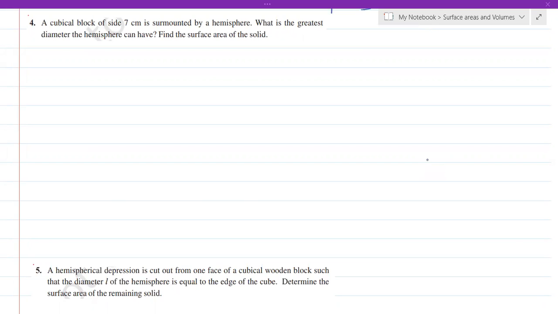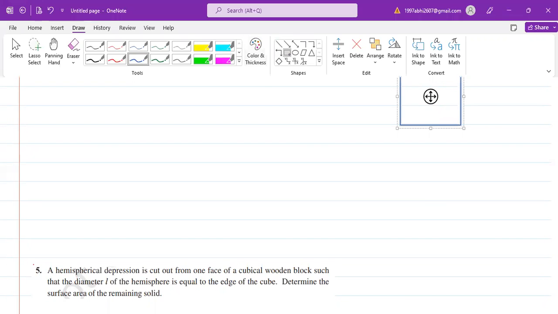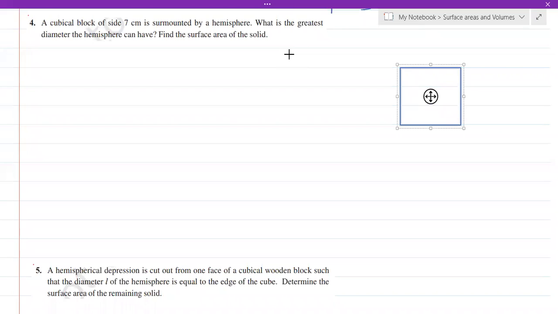Okay, first let's try to draw a cube. So let's take a square. Let's complete it.